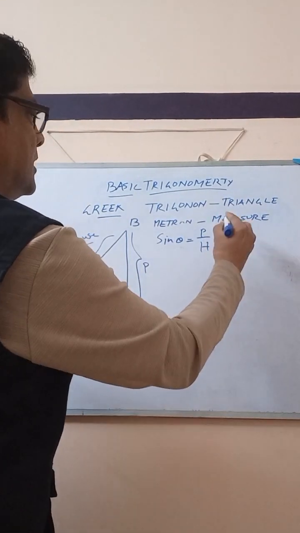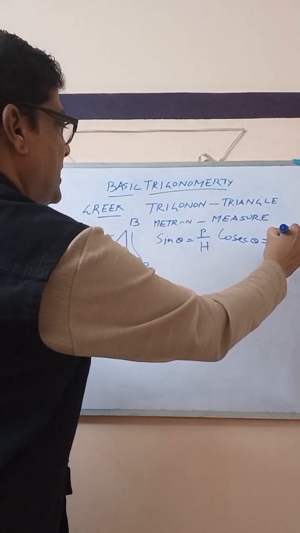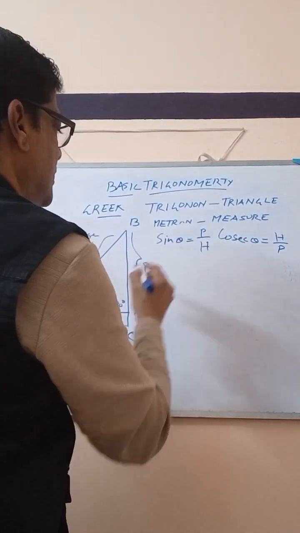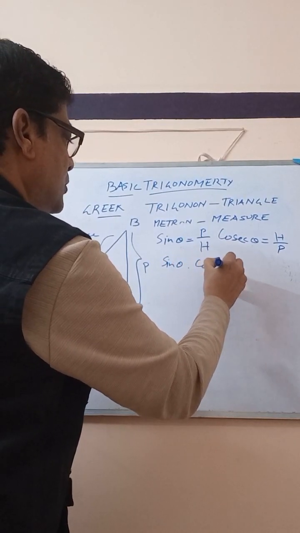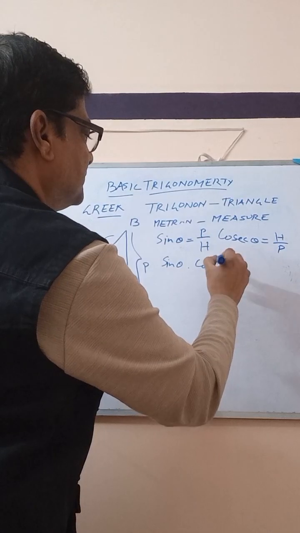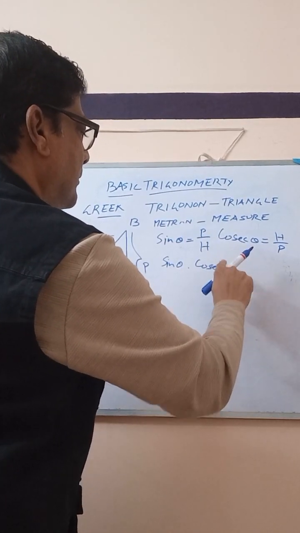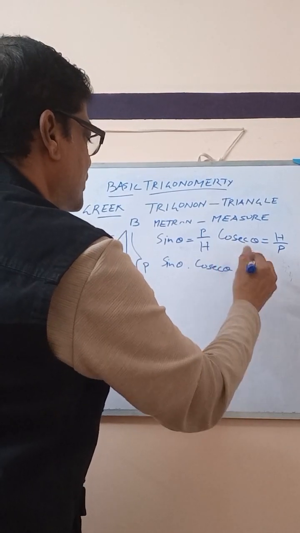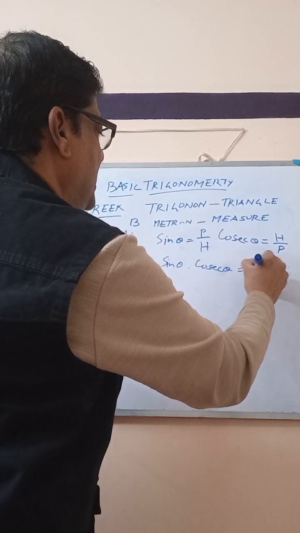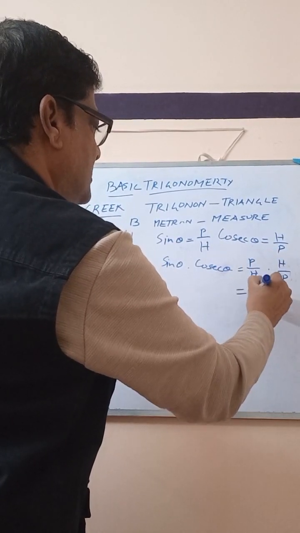And what is cosec theta? Cosec theta will be H by P. So if I multiply sine theta by cosec theta, it will be P by H multiplied by H by P. That means it will be 1.